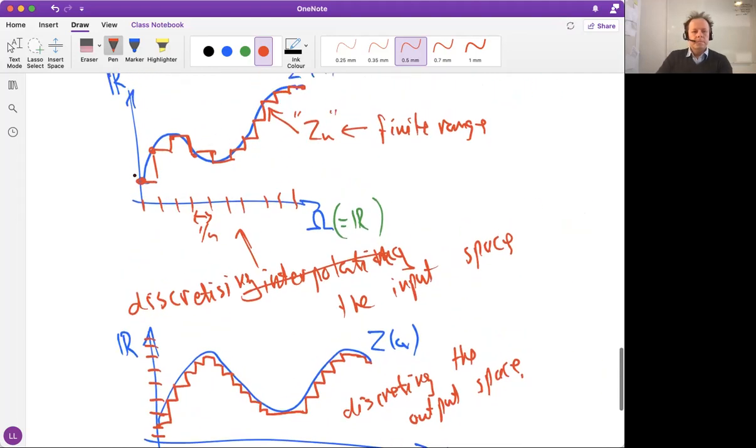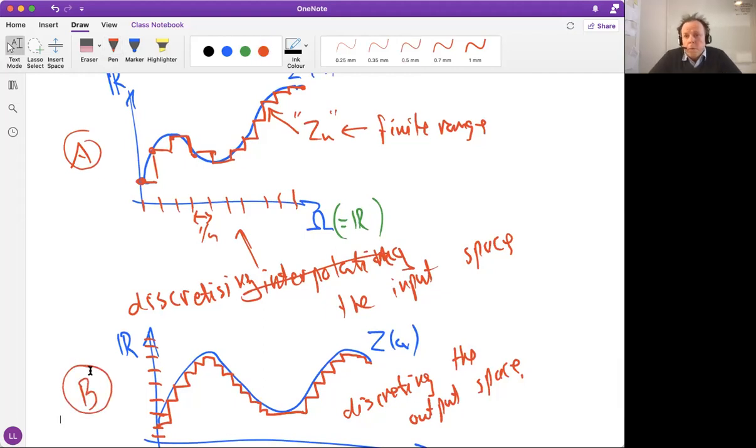We have two options. This is option A, this is option B. Which option should we take? We should take option B. This is the good, and this is the bad choice.